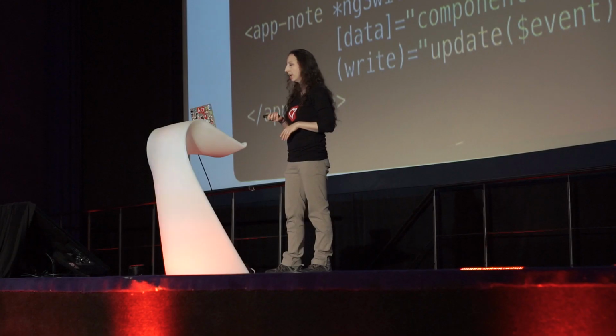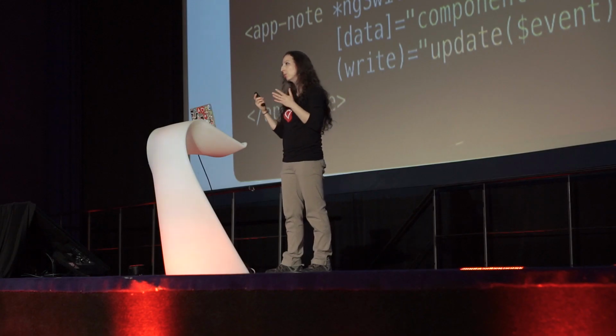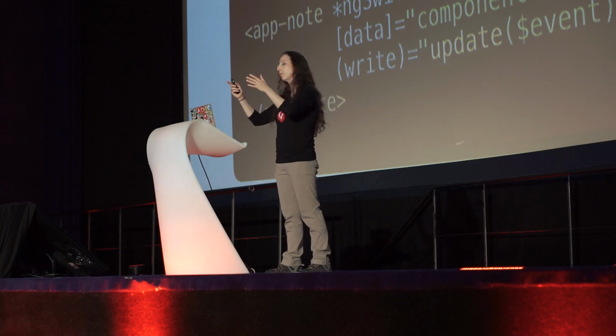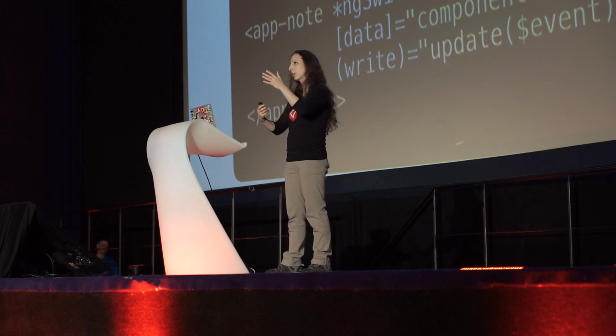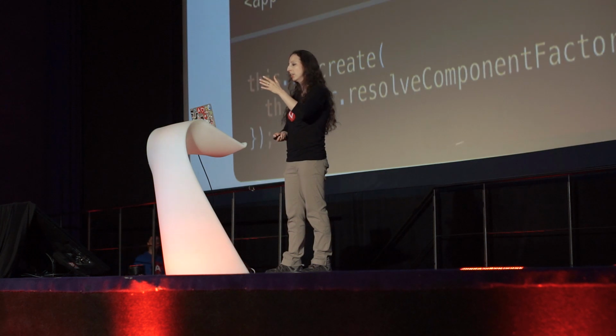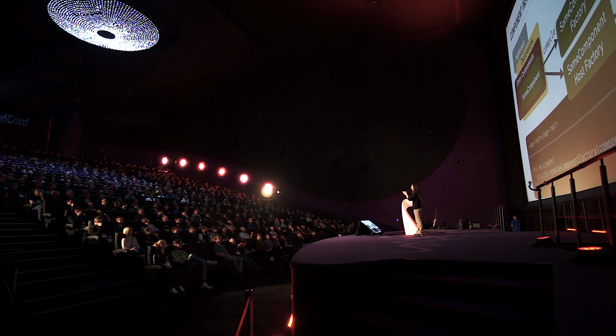But if we don't put this component in the template, but we still want to get the component factory for it, we need to put it in entry components in the ng module. And then Angular will create not only the factory, but also a host factory, which is what will stand between the component and the DOM node that we attach it to.